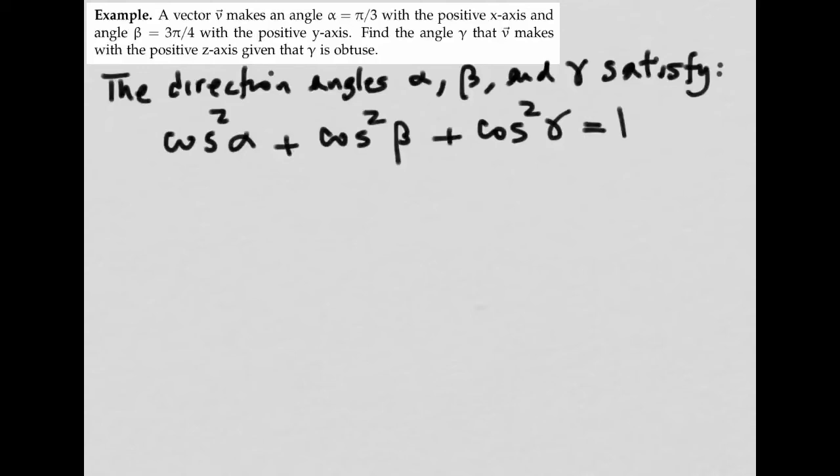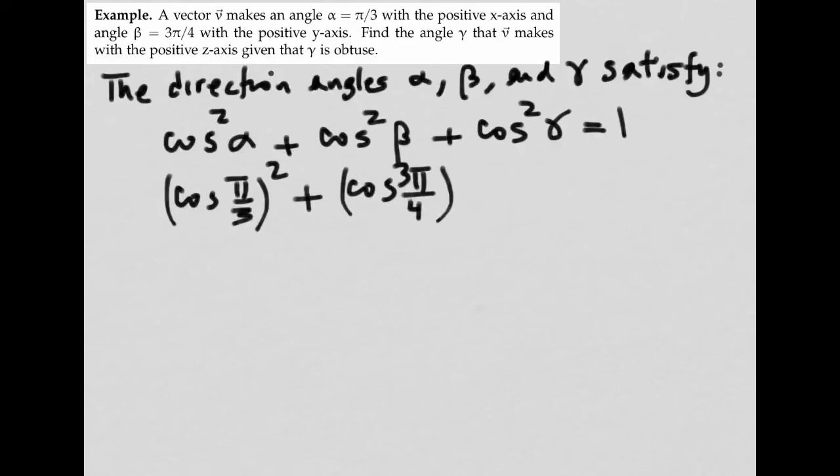We know that alpha is pi over 3, so we have cosine squared pi over 3 plus beta is 3 pi over 4, so we have cosine squared 3 pi over 4 plus cosine squared gamma equals 1.